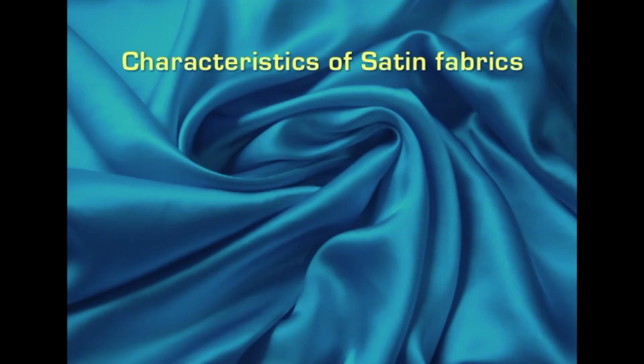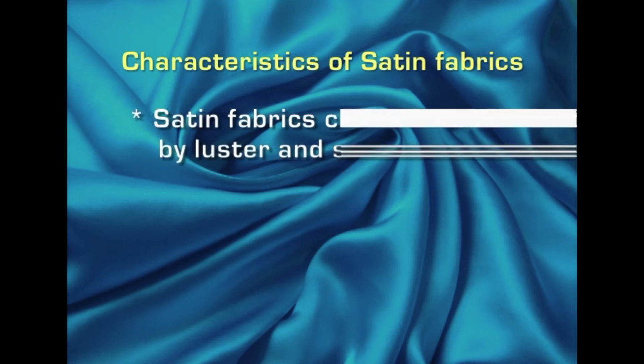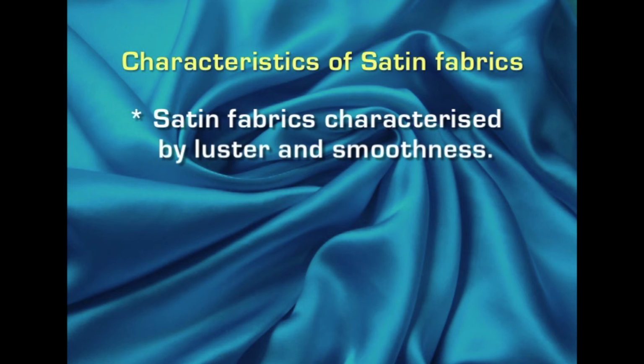There are fewer interlacements when compared to the plain weave or also twill weave, and this is only for the purpose of producing more luster and smoothness in satin fabrics. When you take the characteristics of these satin fabrics, we have already said that they are characterized by good luster and also smoothness, and here filaments are being used, and filaments usually have good luster when compared to spun yarns, and so filament yarns are used in satin fabrics.